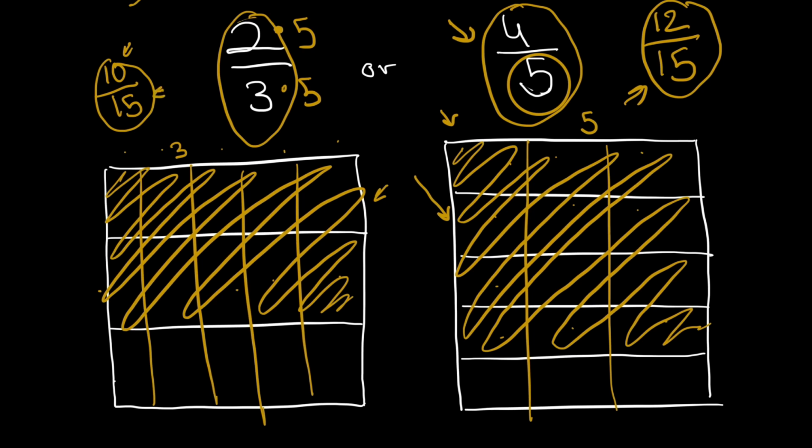And we did the same thing with the second fraction. We took the denominator of the first fraction and multiplied it by the numerator and the denominator of the second fraction, giving us 4 times 3 is 12 and 5 times 3 is 15. So whenever you want to compare two fractions with different denominators that aren't obvious, just make them both have the same denominator.